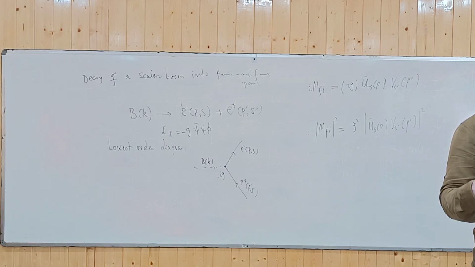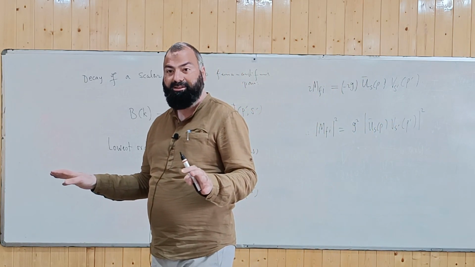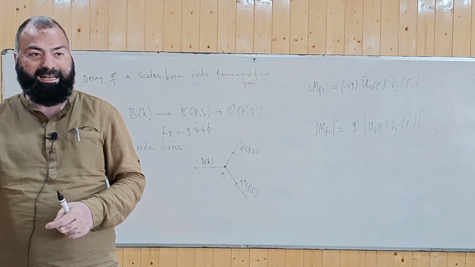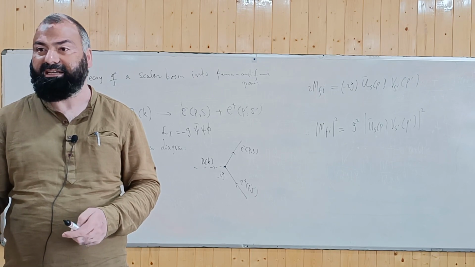But I don't want to consider a particular spin state. I want simply that the particle goes into, you just detect an electron, not in a particular spin state. You detect a positron not in a particular spin state, in an arbitrary spin state. Or in other words, you don't care about the spin at all. You want an electron, it's the electron. Whether it is in spin up state or spin down state, it doesn't matter.